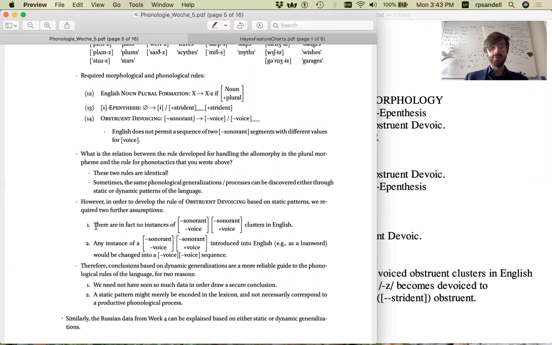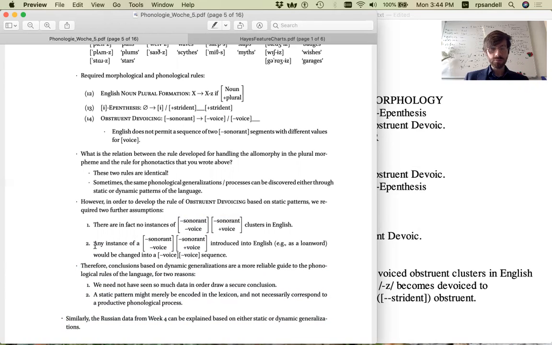First, that there are, in fact, really no instances of a voiceless obstruent followed by a voiced obstruent in English. That would require systematically looking at the entire lexicon of English, and ensuring that there really are no words that contain such clusters.